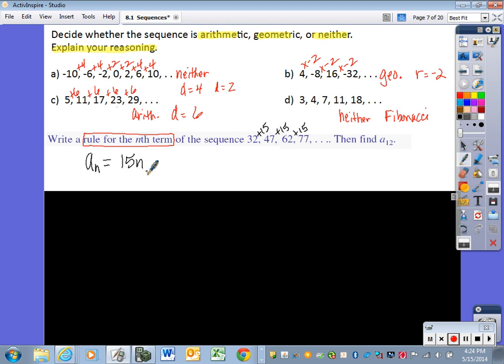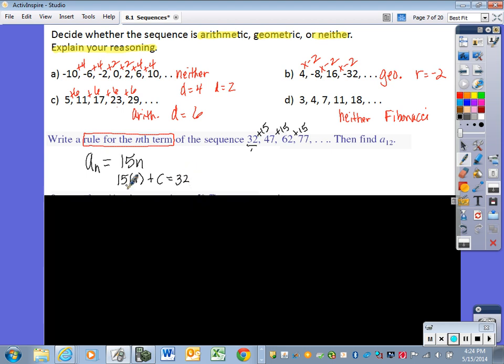When you put a 1 in that n spot, do you have the first term? Yeah. So 15 times 1 plus what will give me the term 32? 15 plus what is 32? 17.